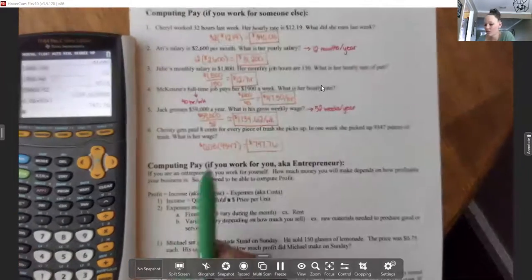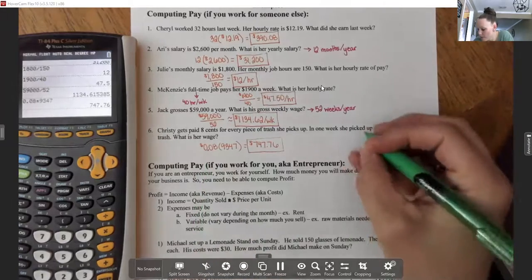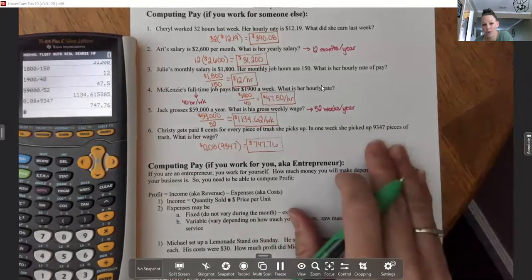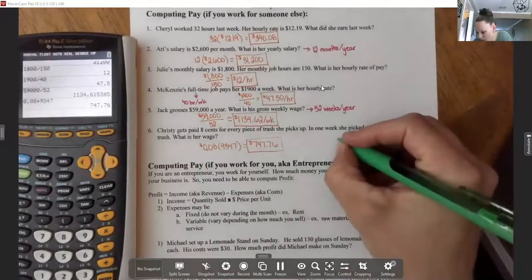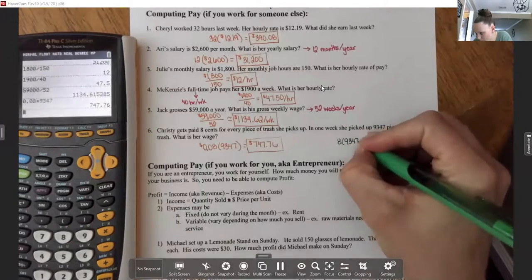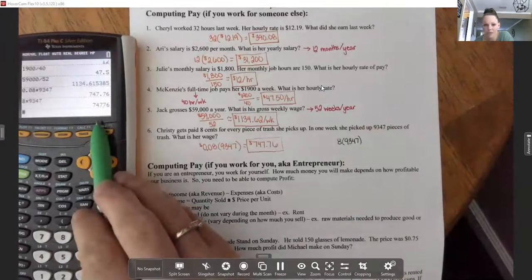If you chose to not write it this way and say you just forgot, I'll show you what it would look like if you didn't turn this 8 cents into 0.08. You don't have to write it the second way. If you just did 8 times 9,347, you're going to almost get the same number.